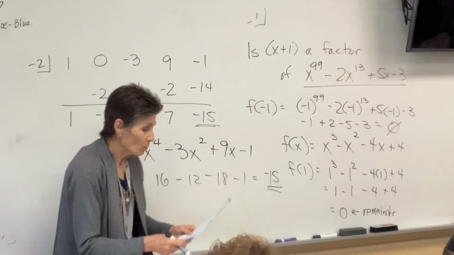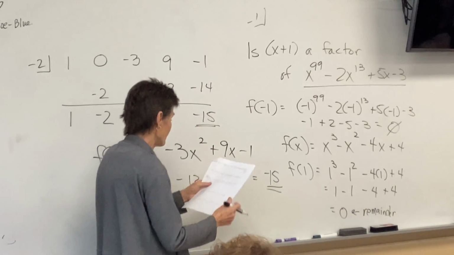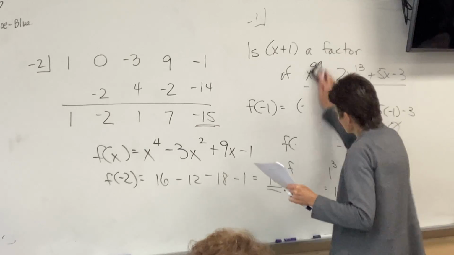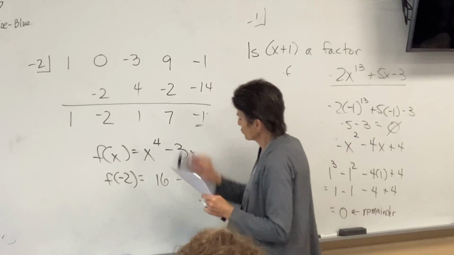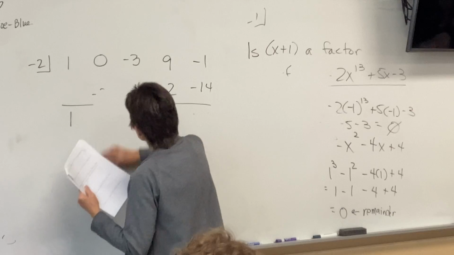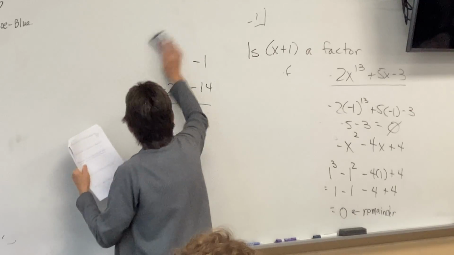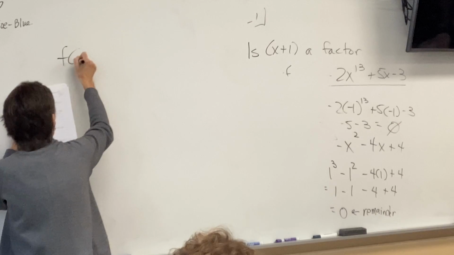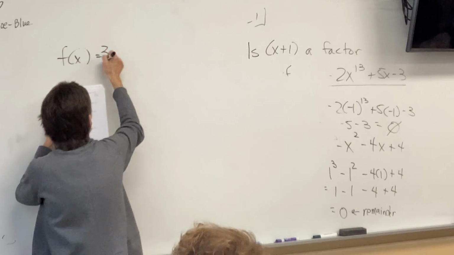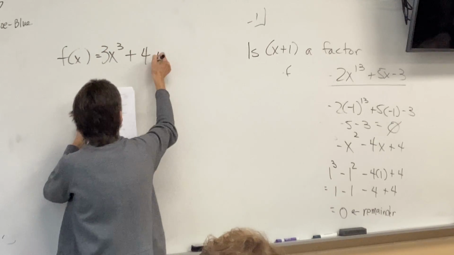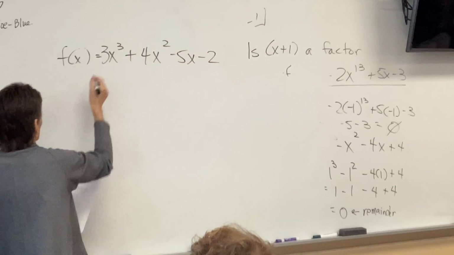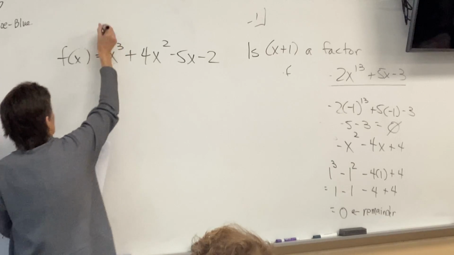All right, one more type of problem to do, number 7. Someone has already started the problem for you. Somebody has taken this thing and figured out that one of the roots is x equals 1.